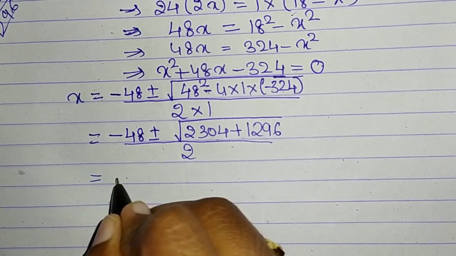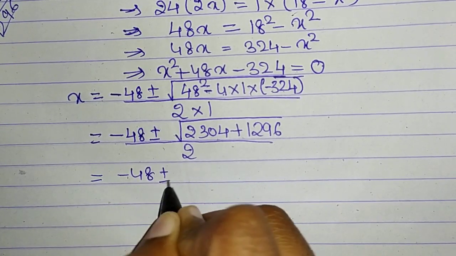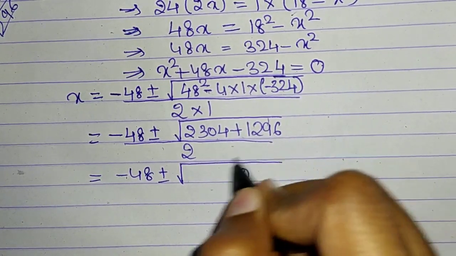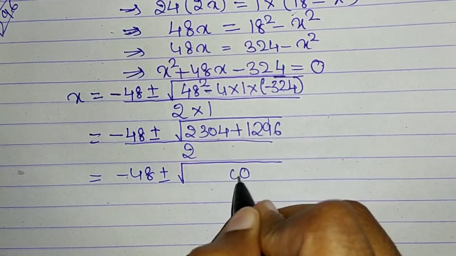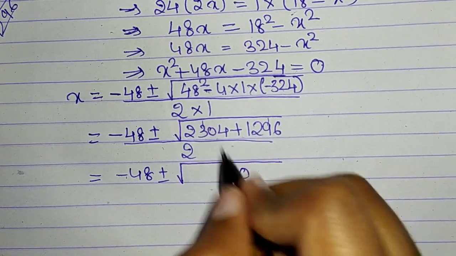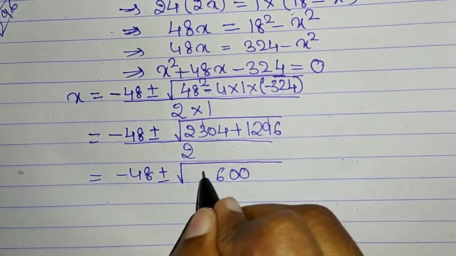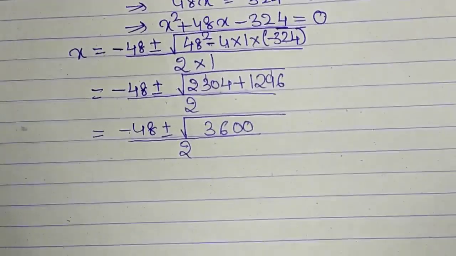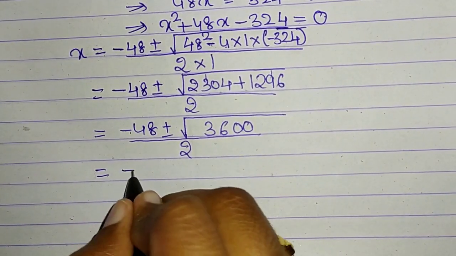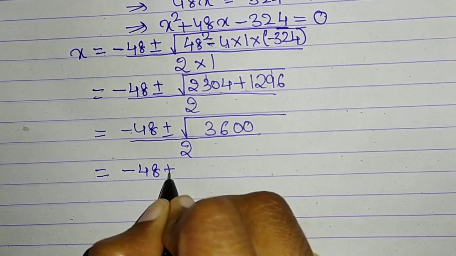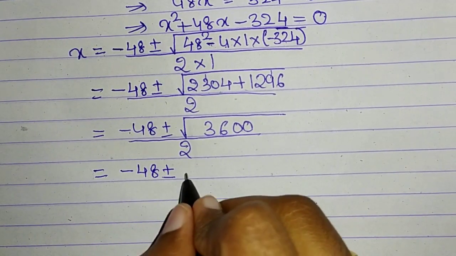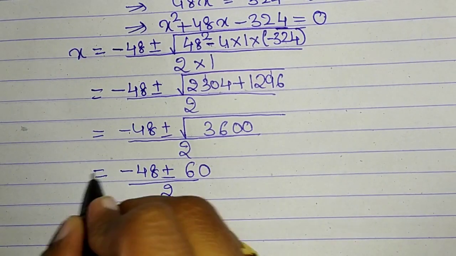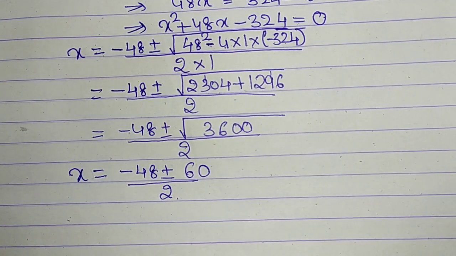So this is equal to minus 48 plus or minus under root 3600 divided by 2. The square root of 3600 is 60. So minus 48 plus or minus 60 divided by 2. So these are the roots of the equation.